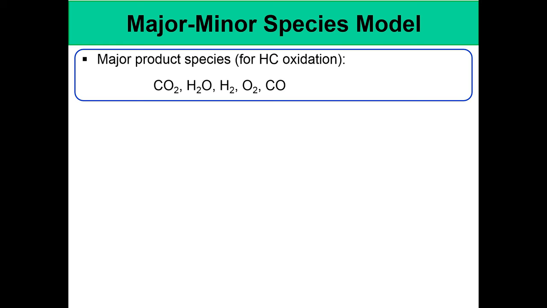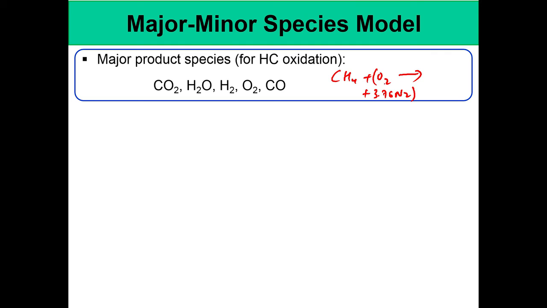Now, for hydrocarbon oxidation, that is, say methane oxidation, CH4 plus oxygen goes to... if methane burns in oxygen as well as in some amount of nitrogen, and we assume that the nitrogen is not participating in the reaction.